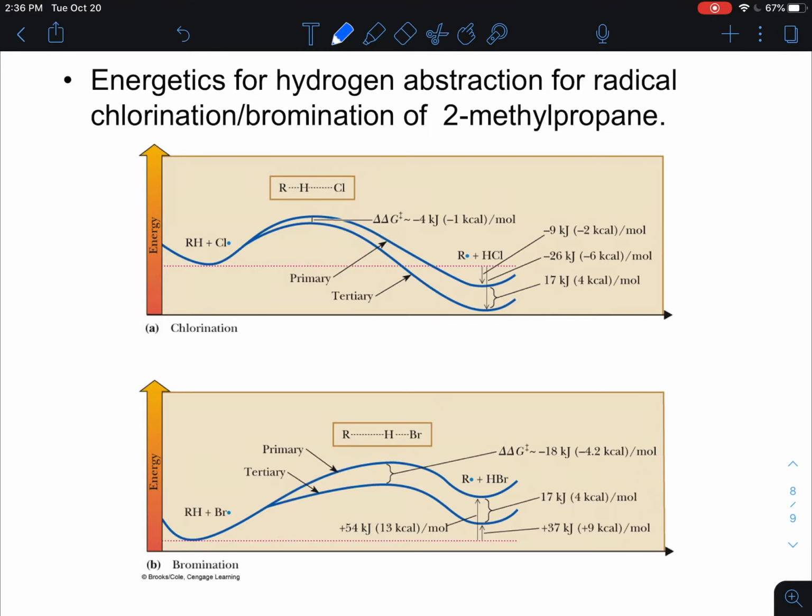So in the first case, that reaction is mildly exothermic, so we see reactant and transition state are not that far apart in terms of their energy. But the other thing we see here is the energy gap between forming the primary radical and forming the tertiary radical isn't all that different in terms of our energetics.